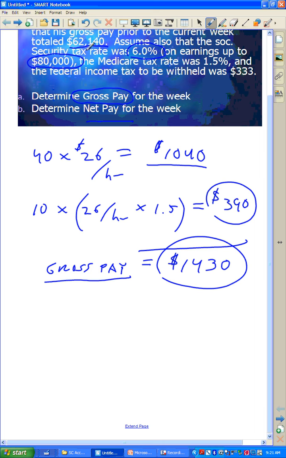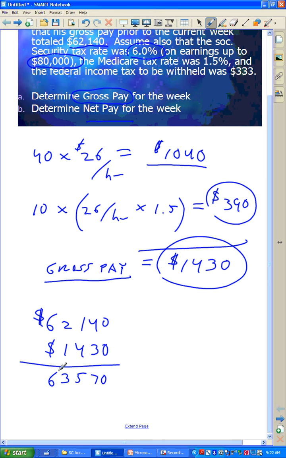But if you look at the math here, 62,140, you might not even have to use a calculator. You can see that 62,140 plus 1,430, he's not going to get anywhere close to the $80,000 cap. So if I add these two up, I get 63,570. And so he's nowhere near 80,000, right?